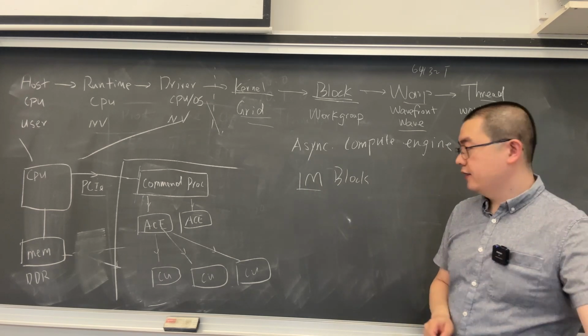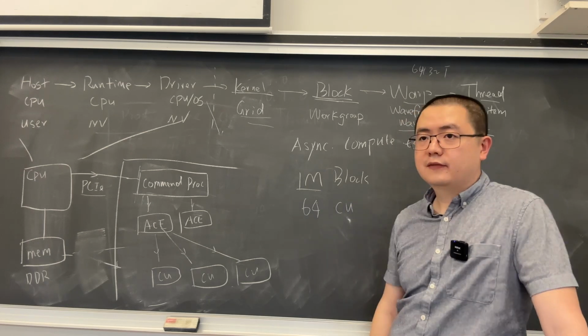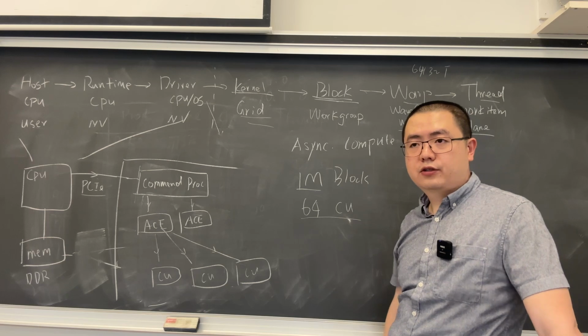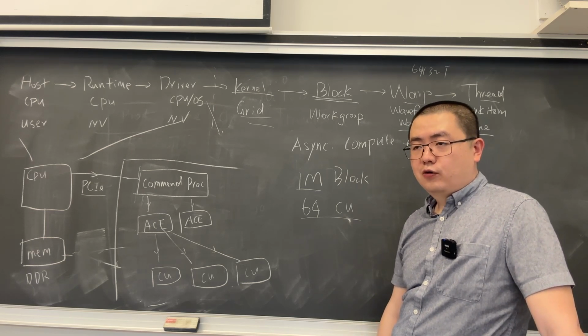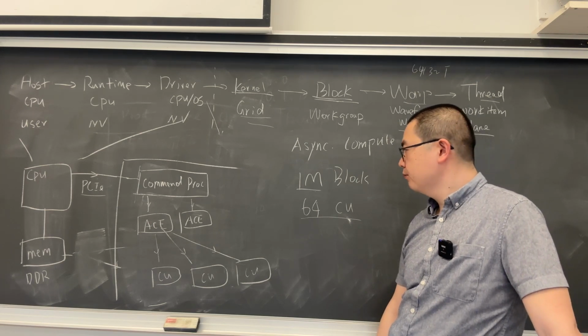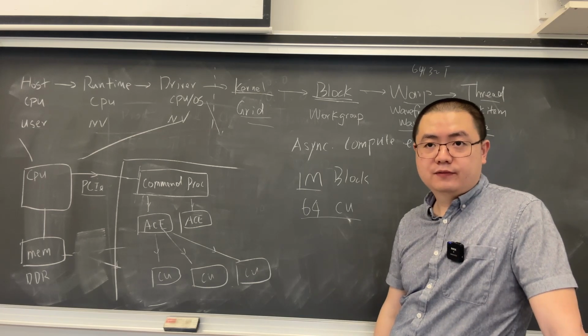Then on the other side, we have 64 compute units. And at this stage, let's just imagine one CU can only execute one block at the same time. So what's happening here is we cannot really let all the blocks execute at the same time.